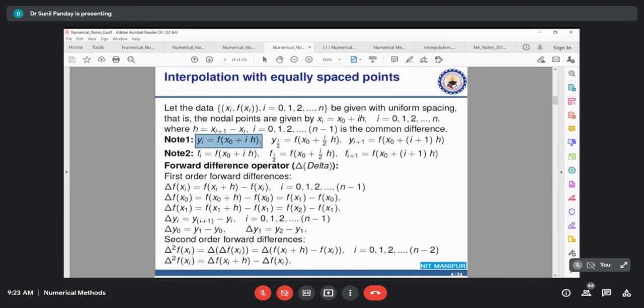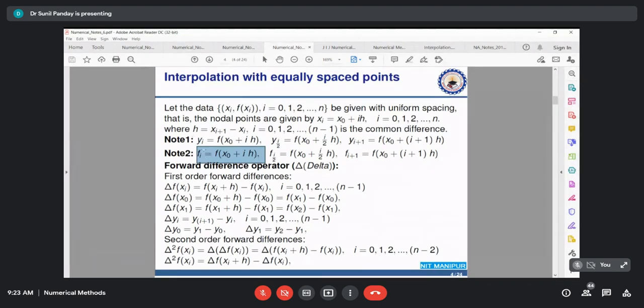If it is x1, it means x0 plus h, that is x1, so f of x1 is y1. If it is x0 plus 2h, it means f of x2, and it is y2. Similarly, some authors use the fi notation also: f of x naught plus ih is fi.